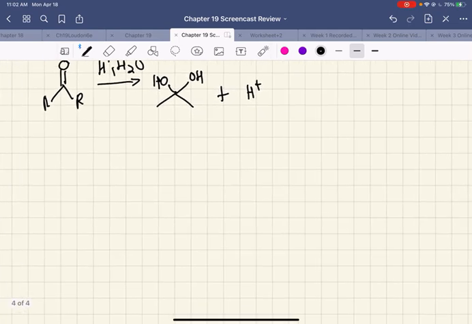And the mechanism proceeds as follows. H3O plus, these lone pairs push, and this results in OH plus.